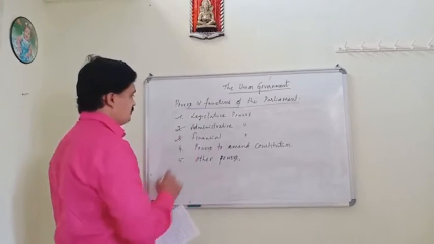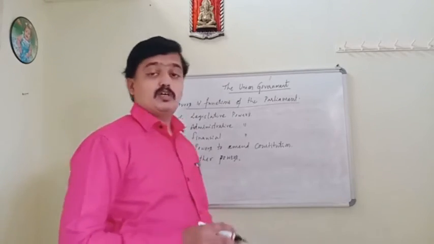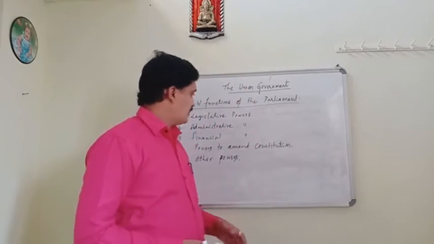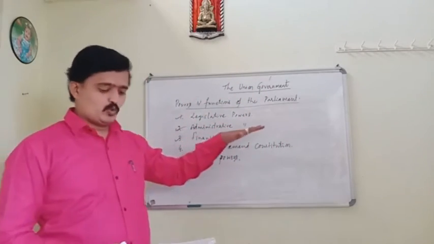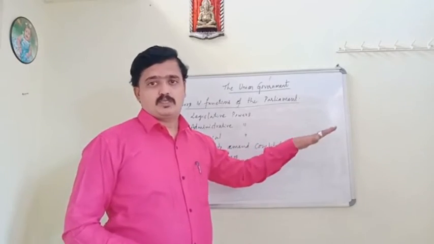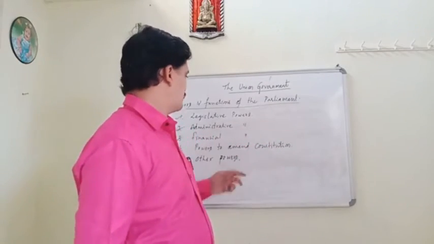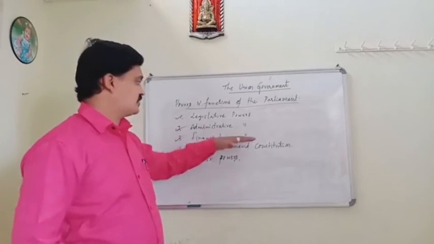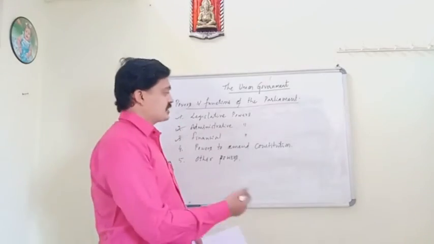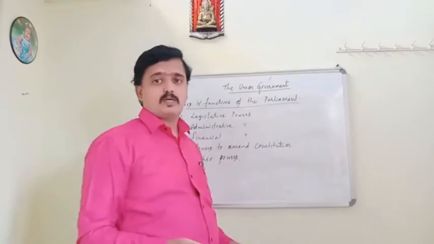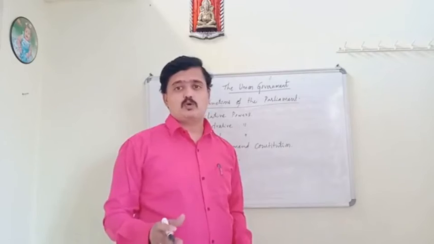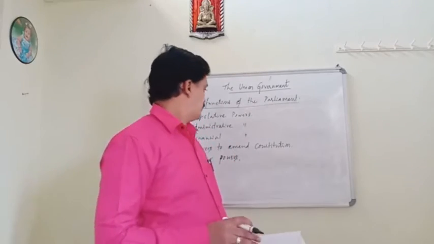So later, a very important one, that is financial powers. I have already told you the Lok Sabha has complete control over these powers. Financial bills we can also call here. Who has complete control over this? Nothing but the Lok Sabha.